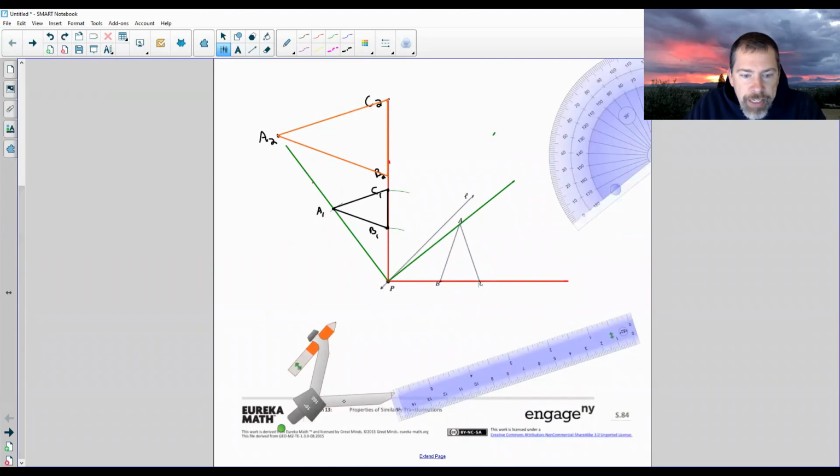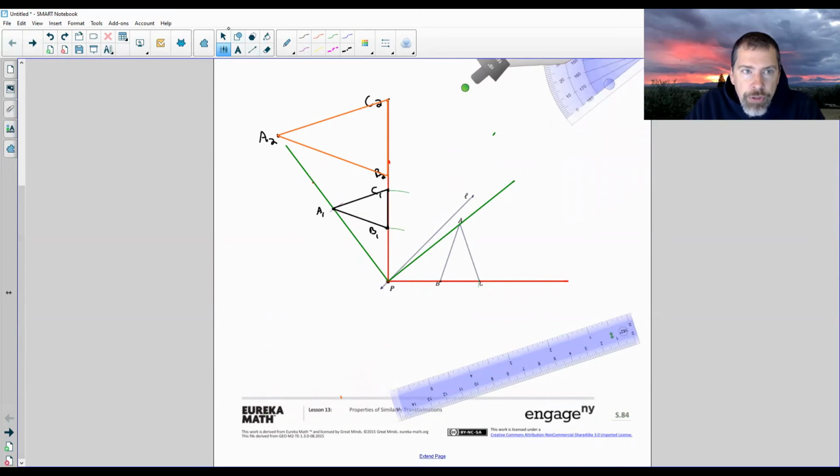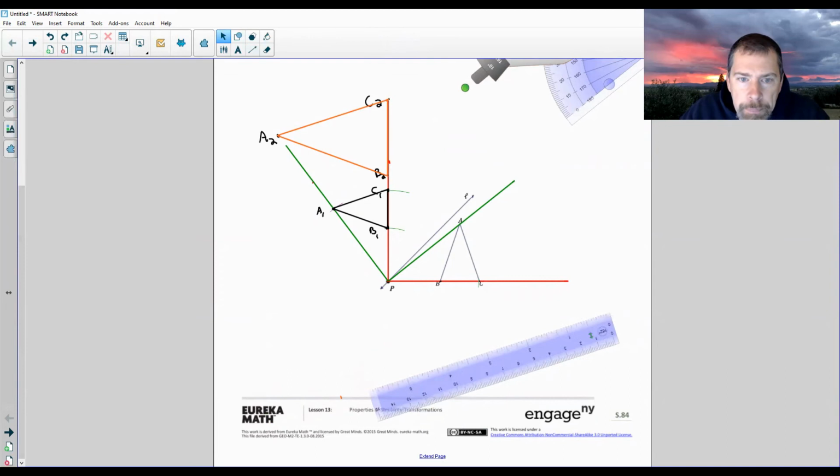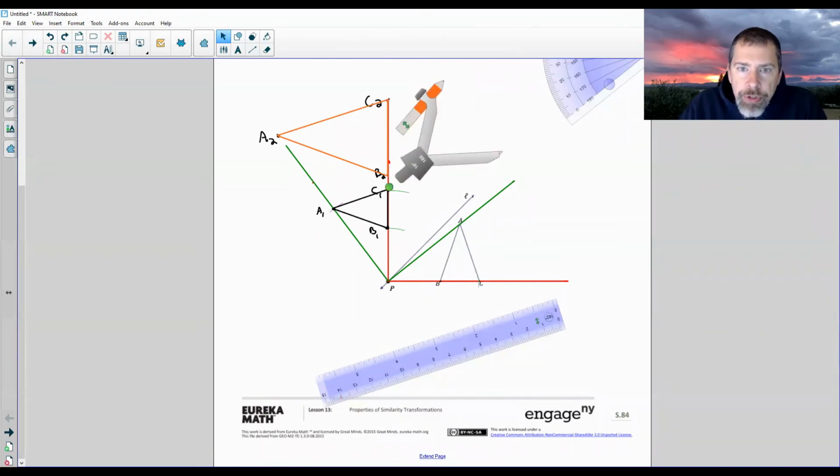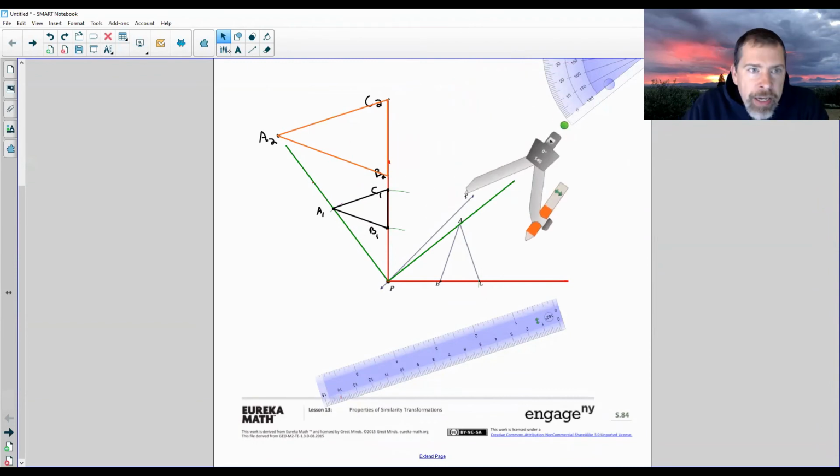So to do a reflection, all I have to do is, let's get rid of this here. We're reflecting across L. So I need a perpendicular going through a point. Okay, I'm getting a little worried here. And the reason is I'm using an electronic compass and I am not positive that it's going to fit.